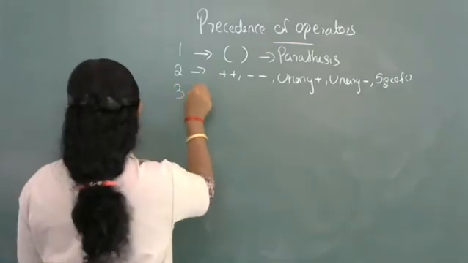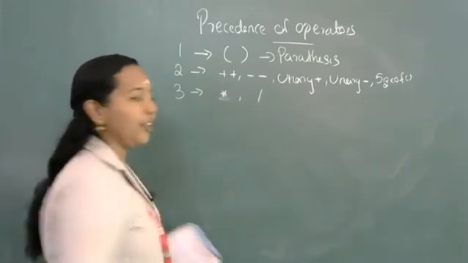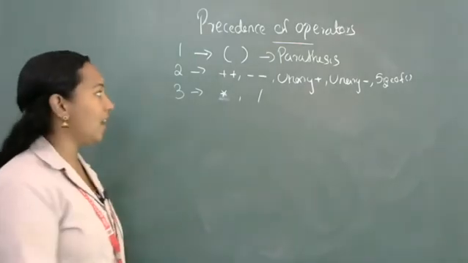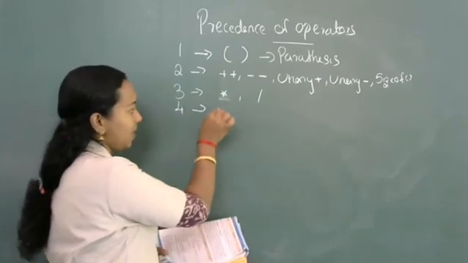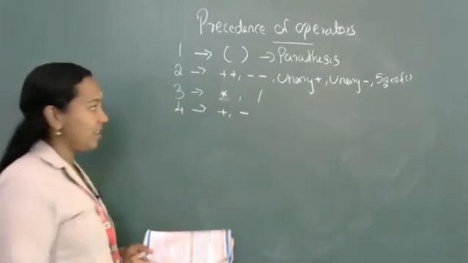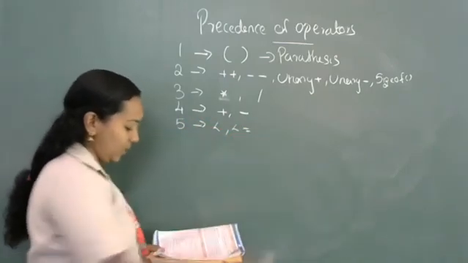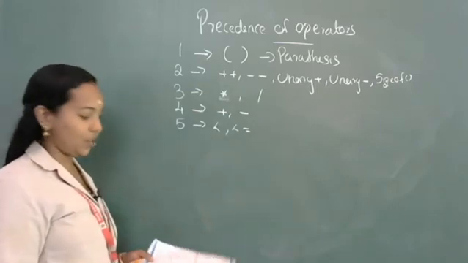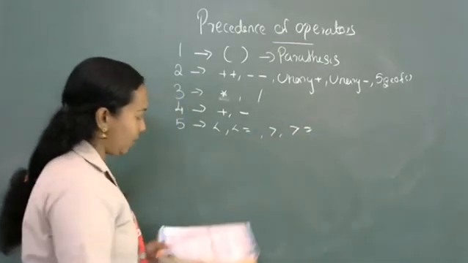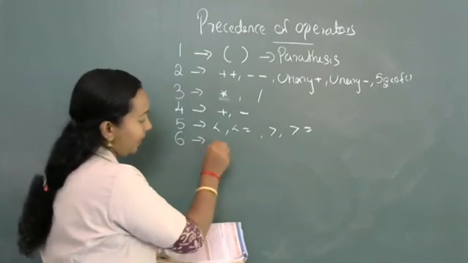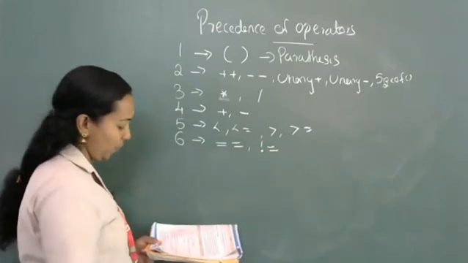Third priority operators are multiplication and division. Fourth priority is plus and minus, addition and subtraction. Fifth priority is the relational operators: less than or equal to, greater than or equal to. Sixth priority is double equal to and not equal to.